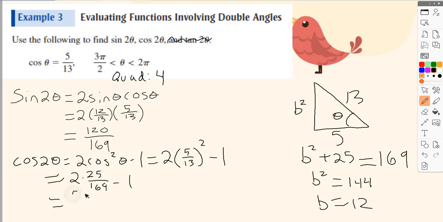So we get 50 over 169. Finding a common denominator, we get 50 over 169 minus 169 over 169, which would be negative 119 over 169.